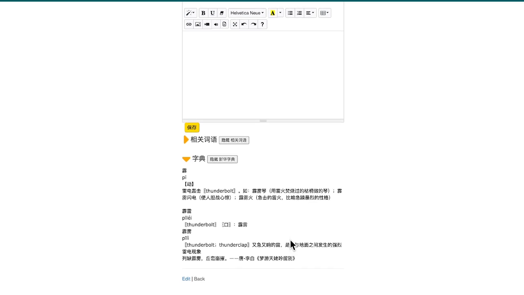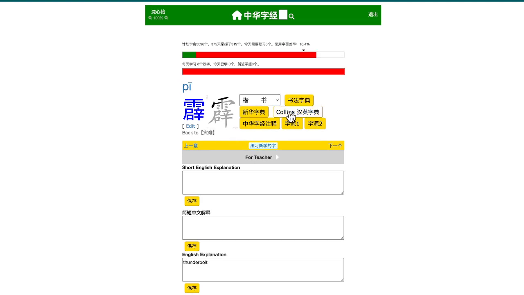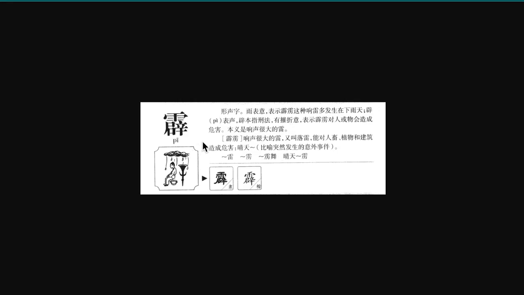It's a noun meaning thunderbolt, and if used as a verb, that means thunder strike, struck by thunder, right? And look at the character, you can see it goes with the rain radical on the top. Anything that is related to weather usually gets this rain radical on the top. Now at the bottom, the character is pi.